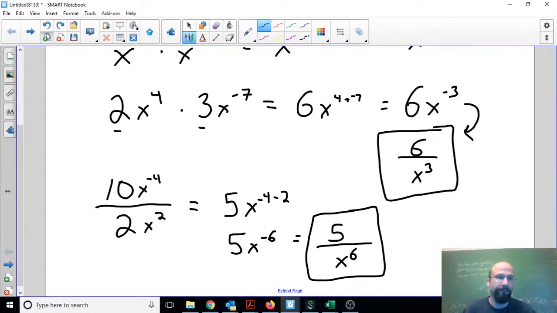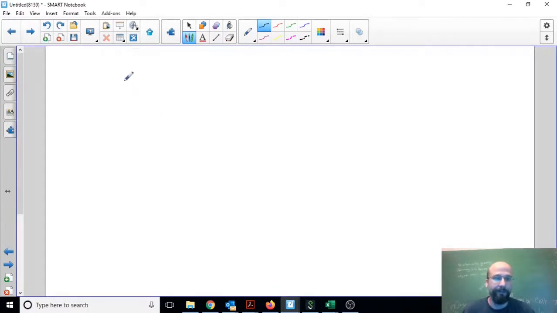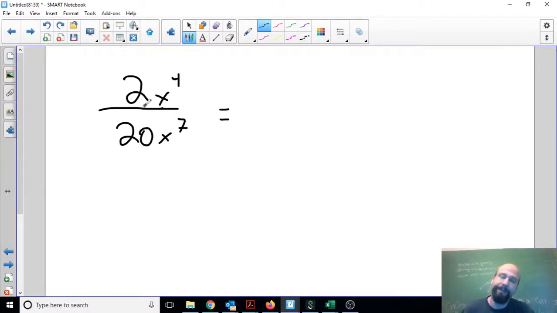All right, let's do one more a little different. 2x to the 4th over 20x to the 7th. So again, the coefficients are just coefficients, so we're going to divide them. 2 divided by 20 is 1 over 10.